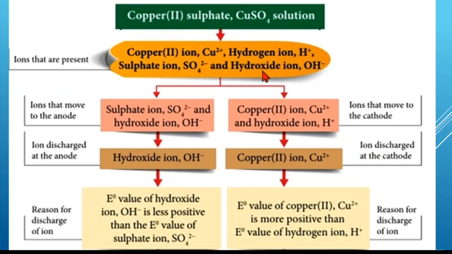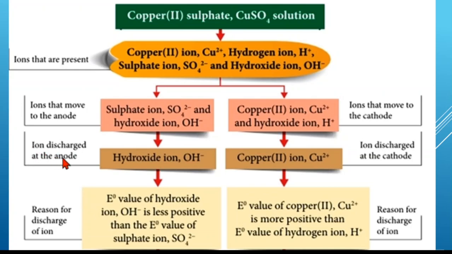Sulfate ion dengan hydroxide ion. This one is also from water. So kita mau pilih kan antara ini dengan ini. Mana satu mau di-discharge. Kan? So, kita sudah pilih tadi iaitu Cu2 plus dengan OH minus. Ions that move to the anode. Anode ni adalah positive electrode. So, positive electrode of course negative ion lah yang pergi move to the anode. So, ini dengan ini. Ions that move to the cathode ialah Cu2 plus and H plus.